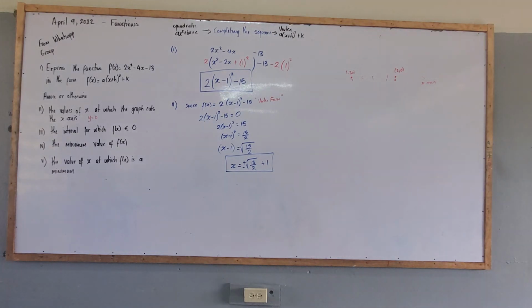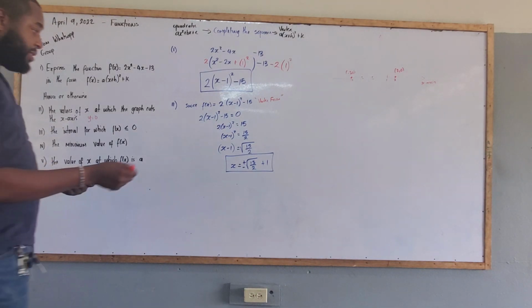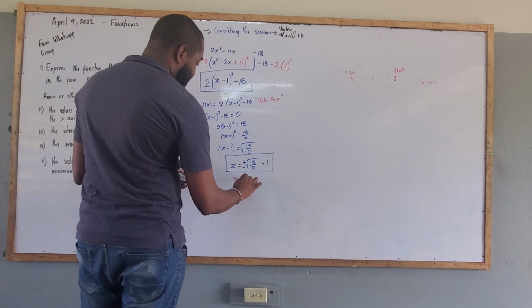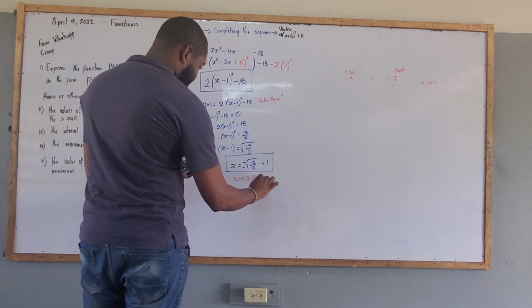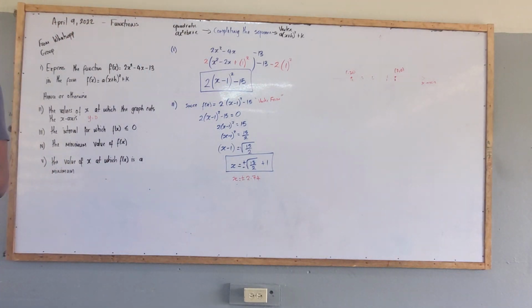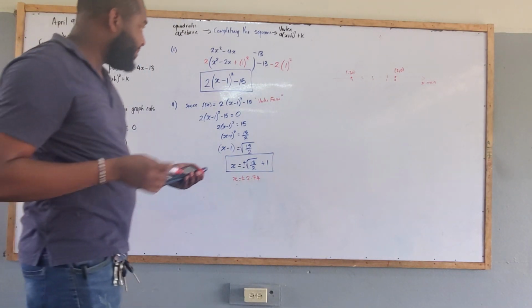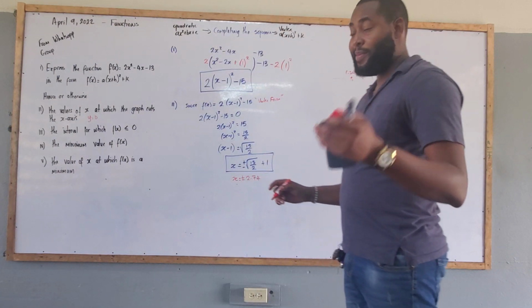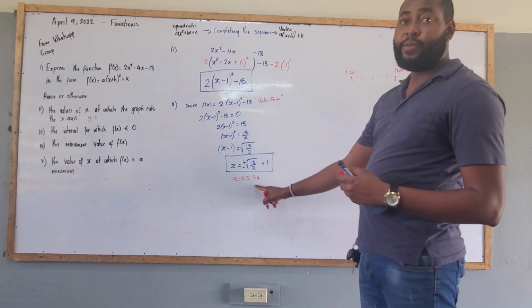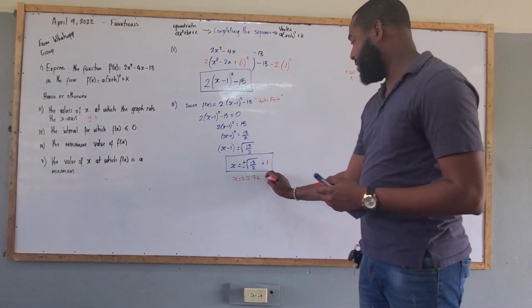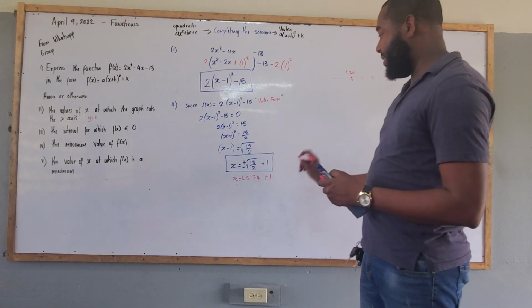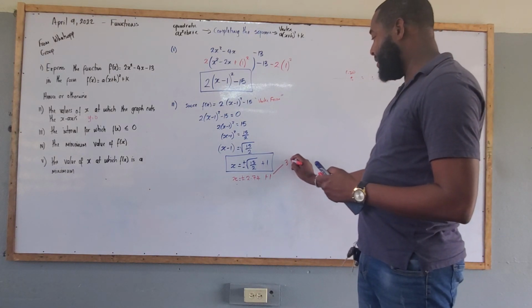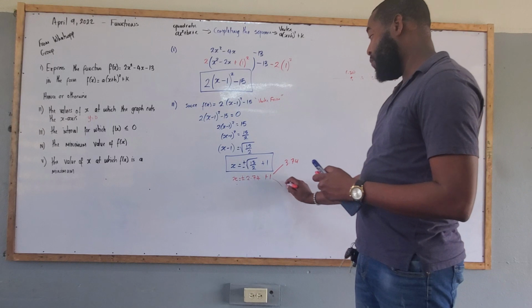The square root of it is 2.74. So x is plus or minus 2.74, plus 1. So it could be 3.74 or 1.74.